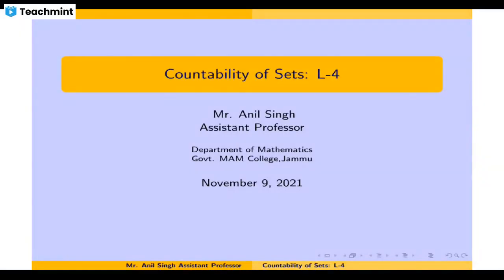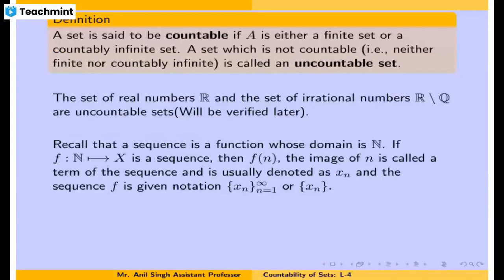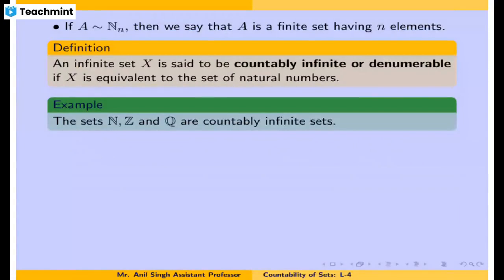So today we define the concept of countability of sets. Let me recall that in the previous lecture we denoted a set n sub k, which is the set of the first k natural numbers.